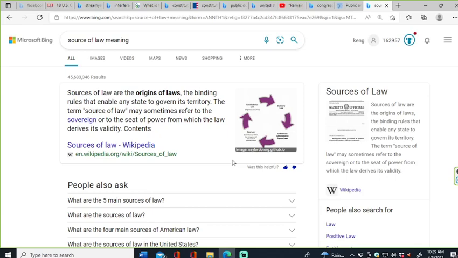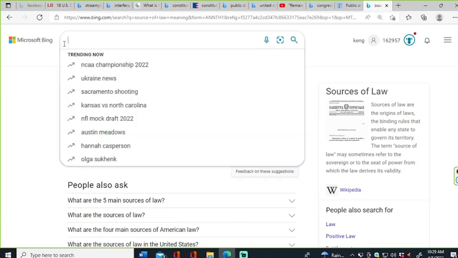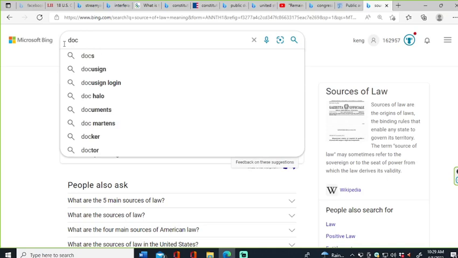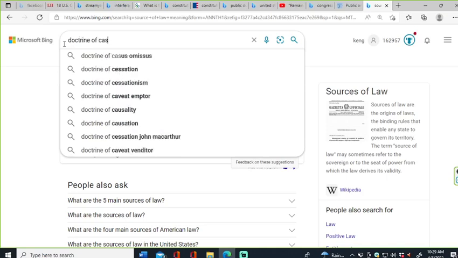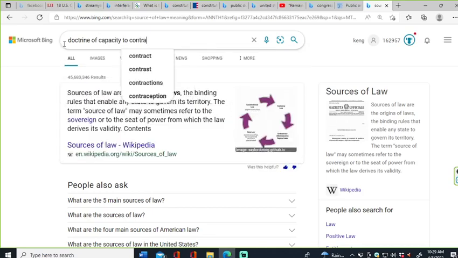And then we're talking about how conscionable it is for you to take that contract, under the doctrine of capacity to contract.